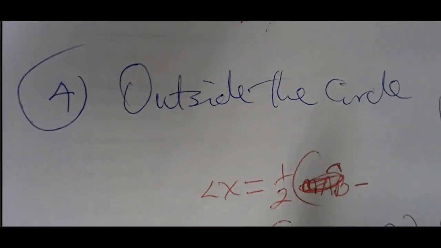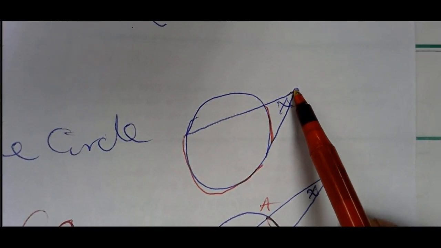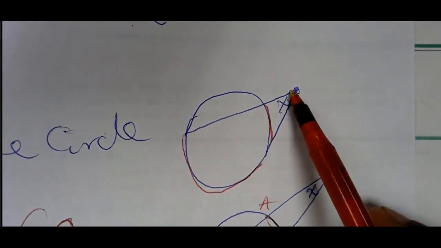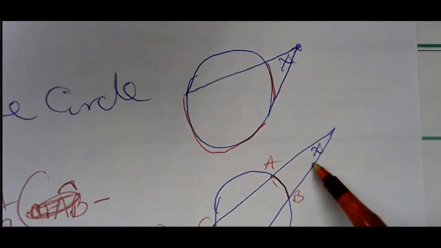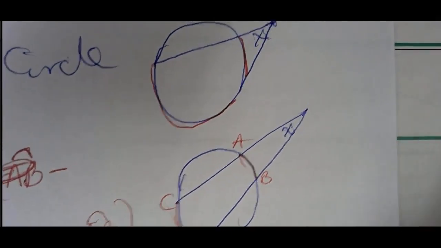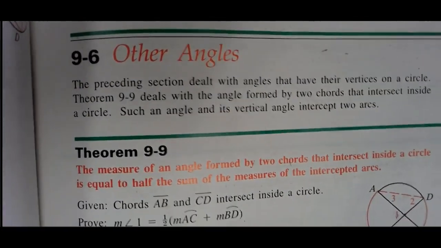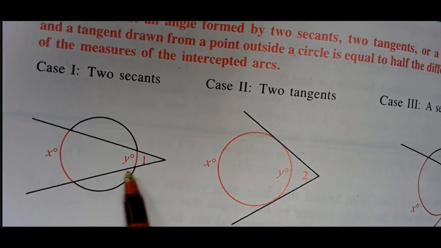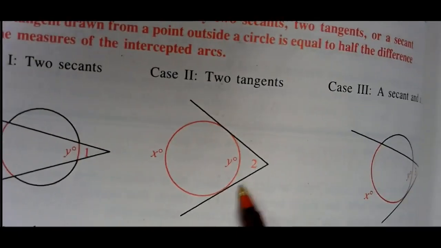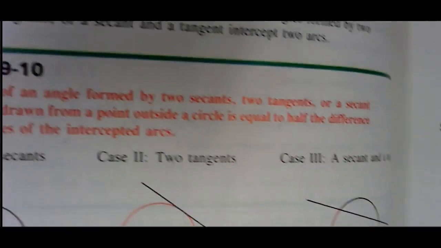The fourth one is when the vertex is outside the circle, like this. The vertex is outside, still formed by a secant and tangent, or 2 secants, or even 2 tangents. So it can either be formed by 2 secants, 2 tangents, or 1 secant and 1 tangent mixed together.